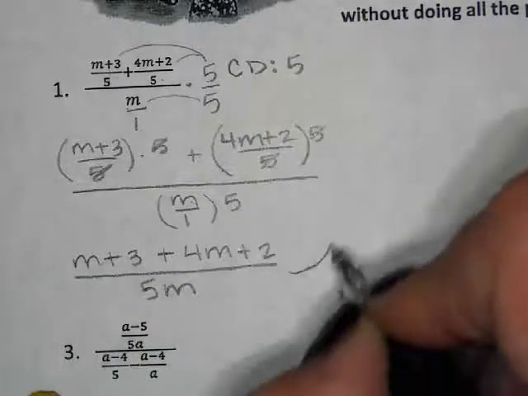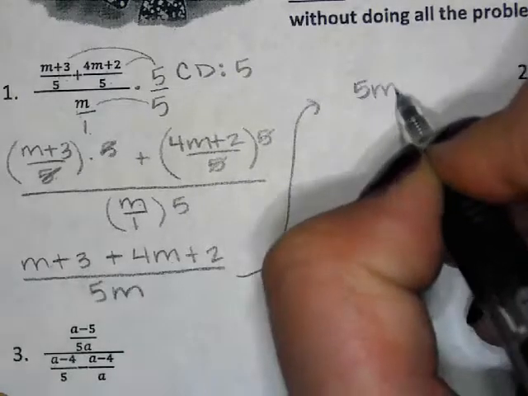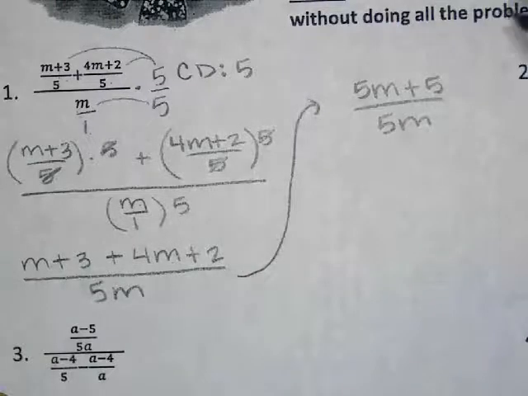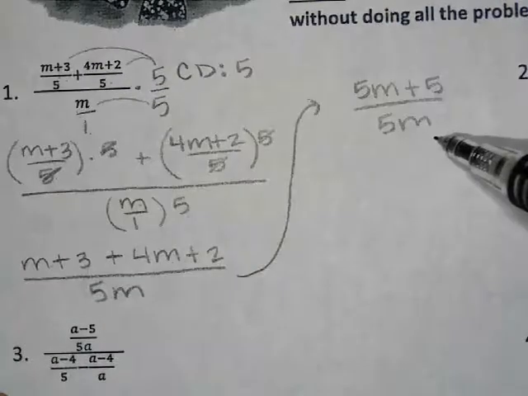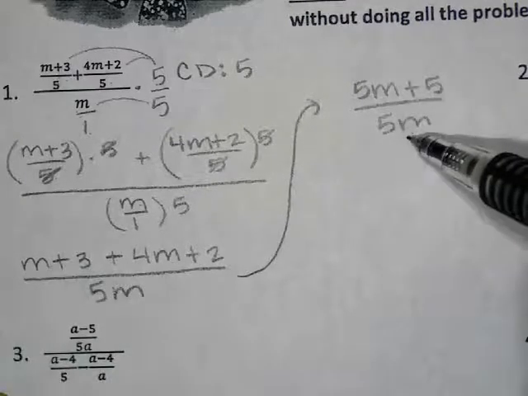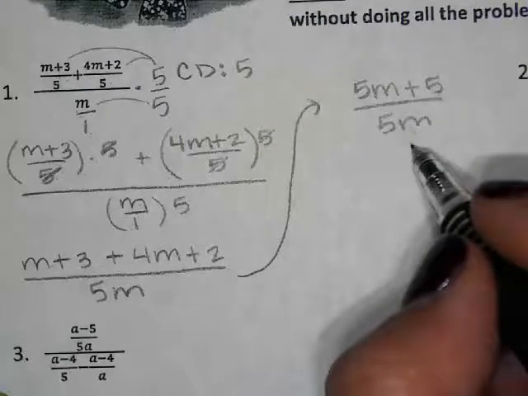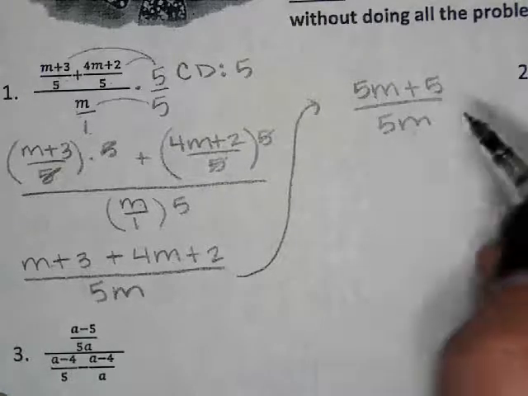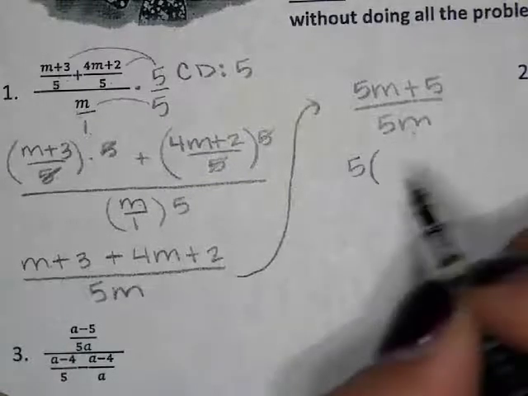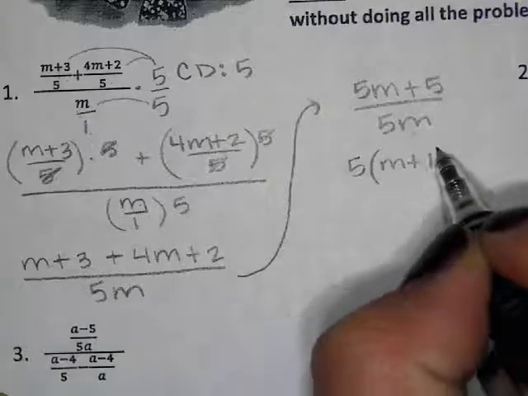Okay, I'm going to draw my work up here. So 5m plus 5. Did you just tell me to kill a puppy? Cancel the 5m's? You want me to kill that puppy? Oh no! Let's not kill the puppy. Okay, so we're going to take out the GCF and not kill a puppy. Oh, man. That puppy jumped out of nowhere and you shot it dead.